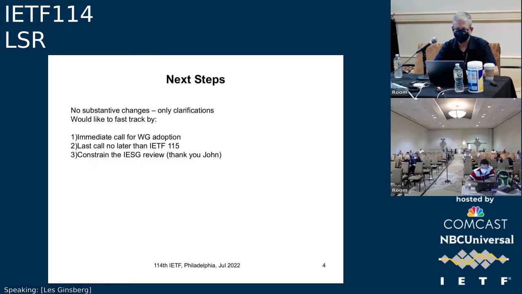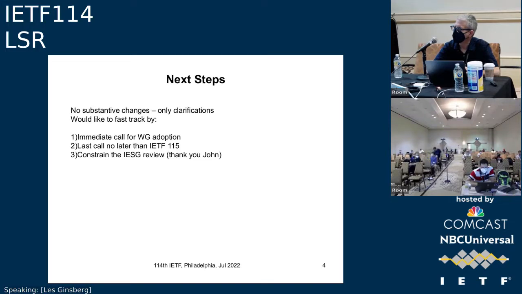So next steps, there's no substantive changes here. There's only clarifications. So I would really like to fast track this. I haven't discussed this with the working group chairs, but this is the plan that I have in mind. I'd like to see both BIS drafts immediately adopted. I'd like to get last call within one IETF cycle, by the next meeting.